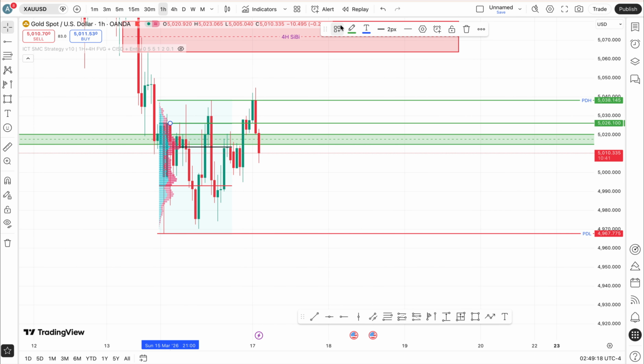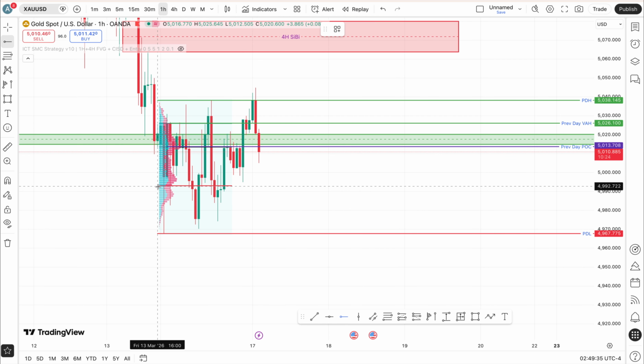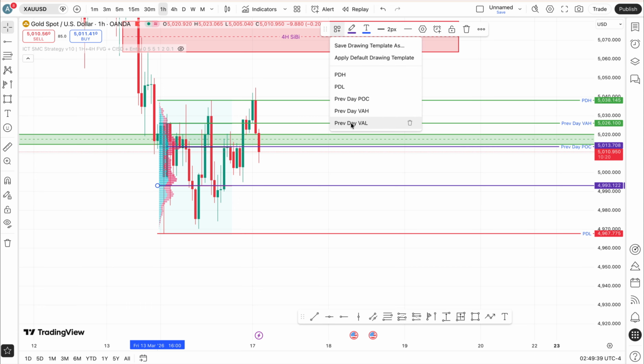You can see the previous day's value area high at 26. The previous day's POC at around 13. And the previous day's value area low at 93.